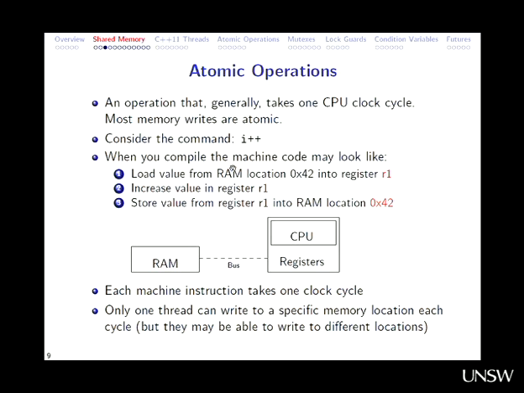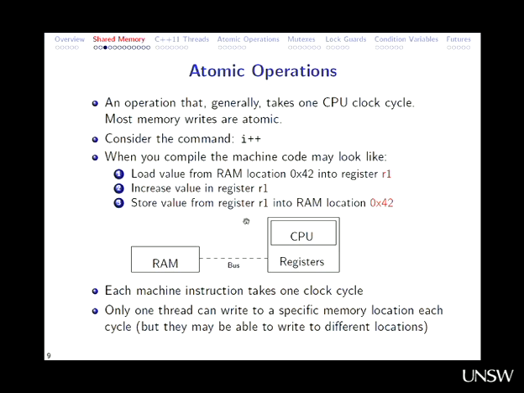You load this value of i into register 1. That might take one clock cycle. You then, in cache on the CPU, increase that value inside that register. Inside RAM, the old value of i is still sitting there. Now on the CPU, we've increased the value we copied into our register by 1. That's a second clock cycle.